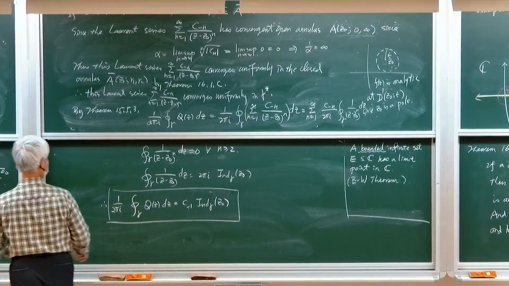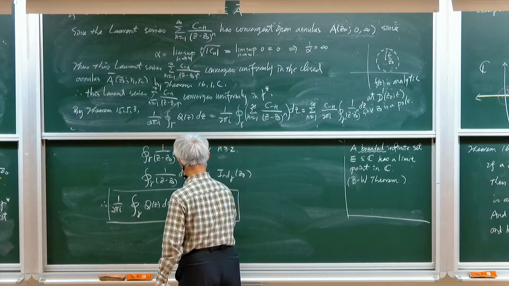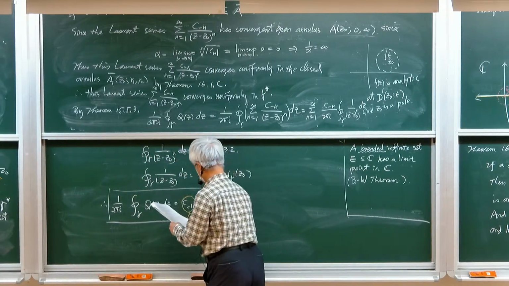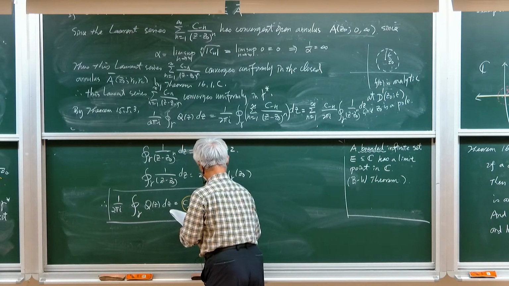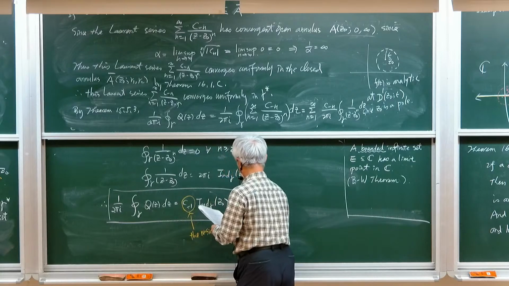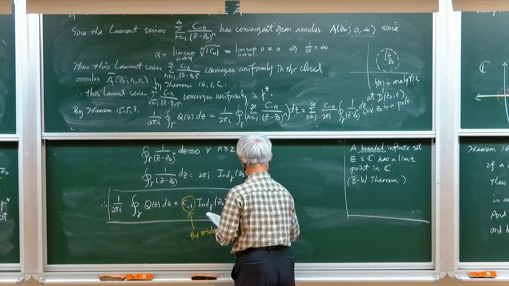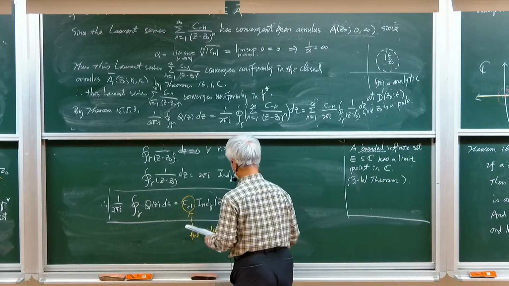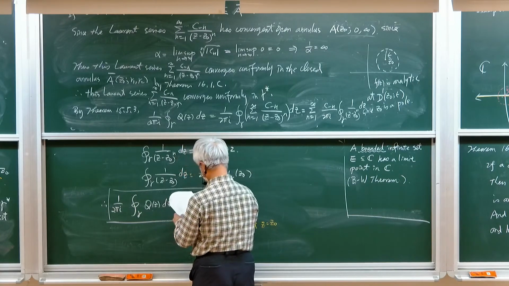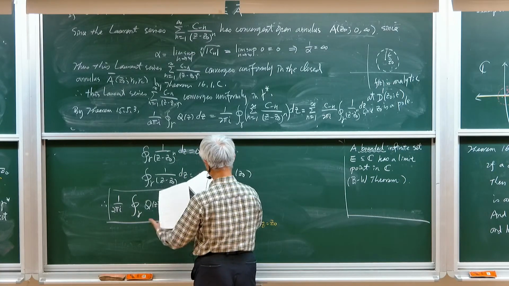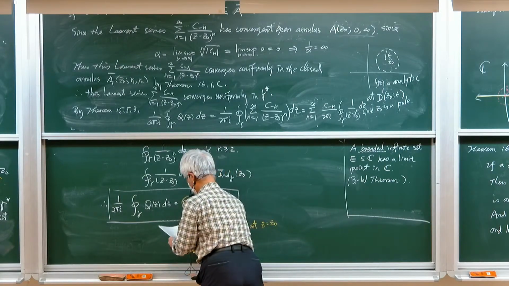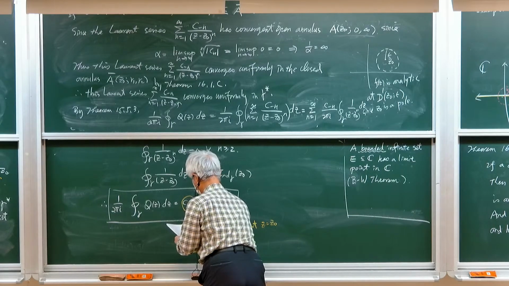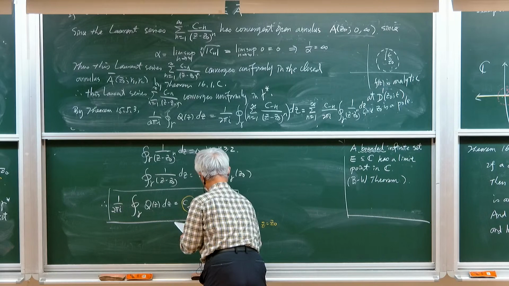And c minus 1 will be called the residue of f of z at z equal to z0, and it will be denoted as res at z equal to z0 of f of z.